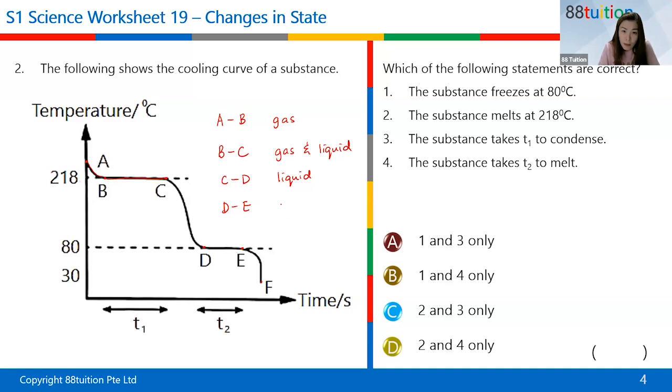Because it's another change in state, we definitely already had the gas right at the beginning. We cannot go back to gas again because it's a cooling curve. This must be the freezing process, so liquid and solid existing together. And then lastly, this is only solid.